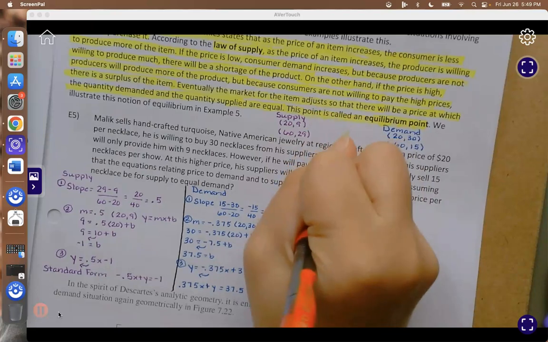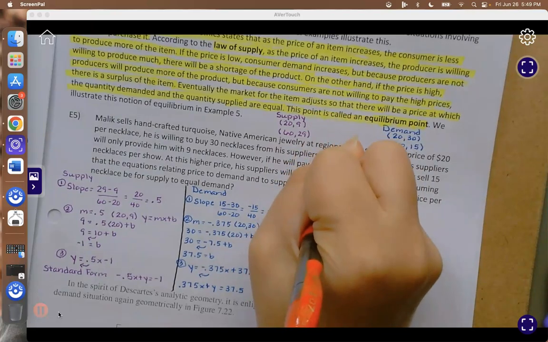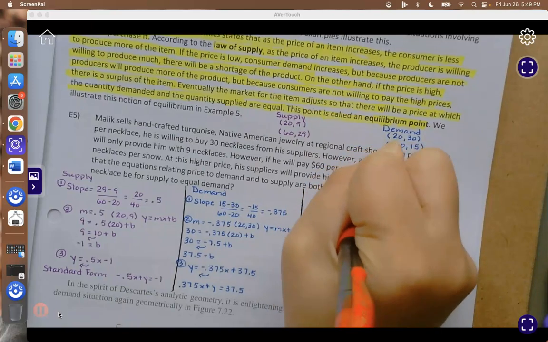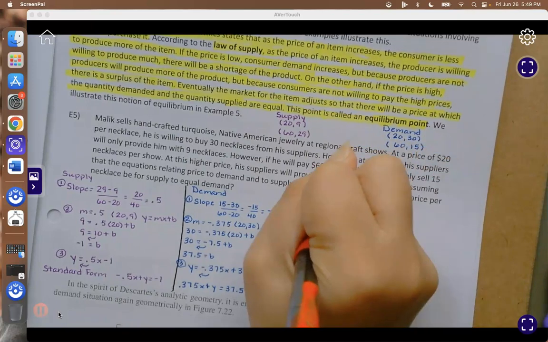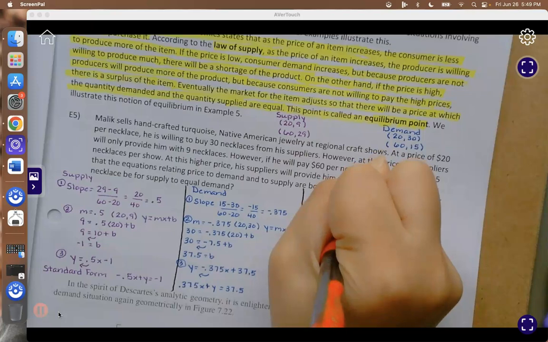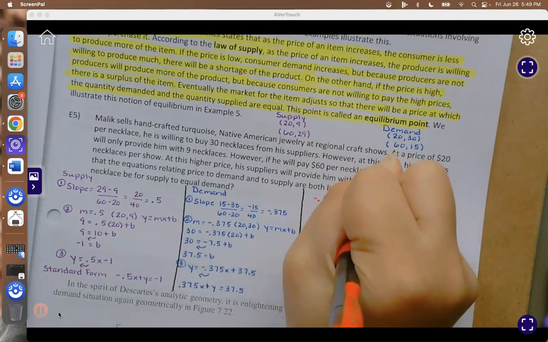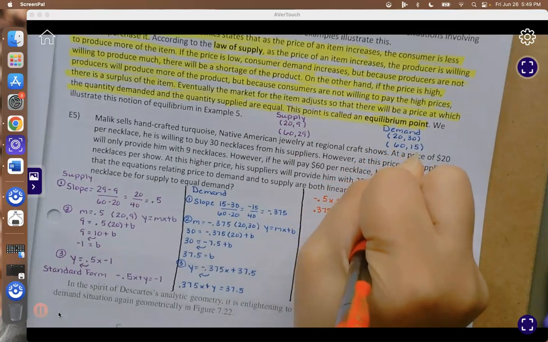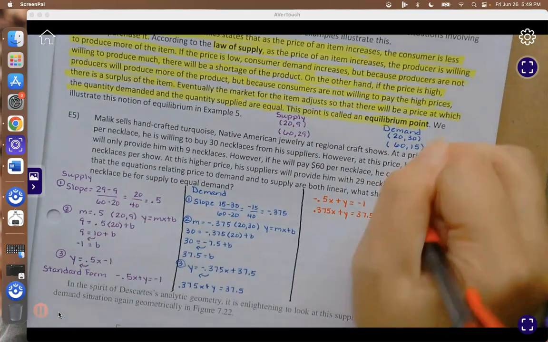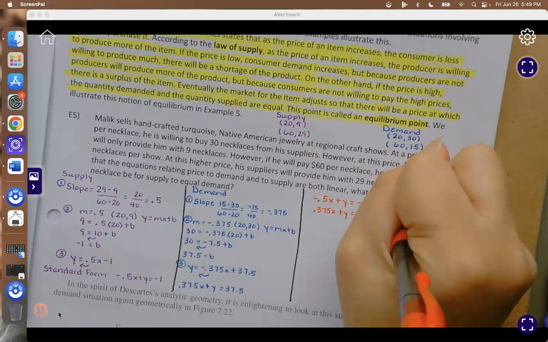So our first equation is -0.5x plus y equals -1. And this one's 0.375x plus y equals 37.5. Okay, this is my system. I'm going to write here system.